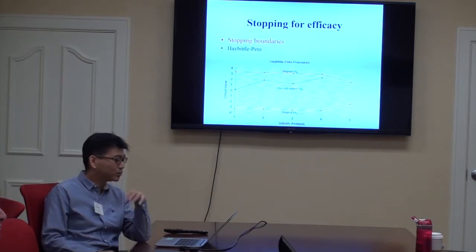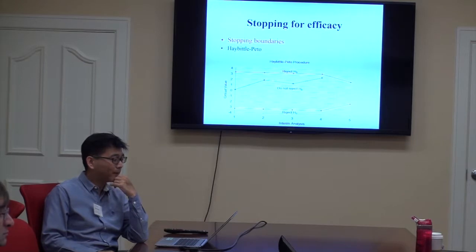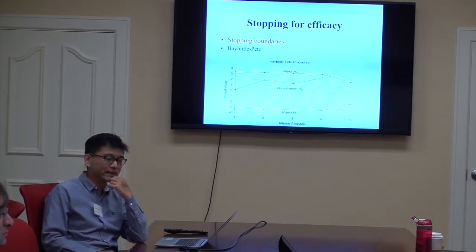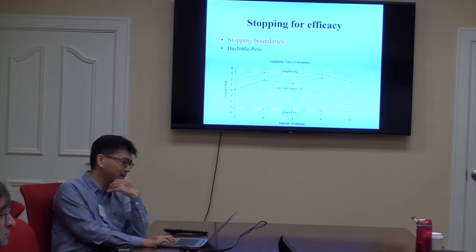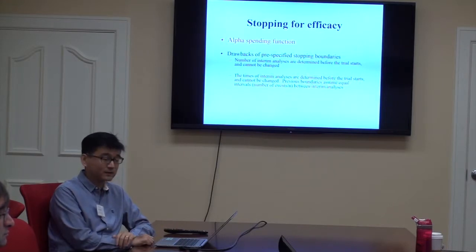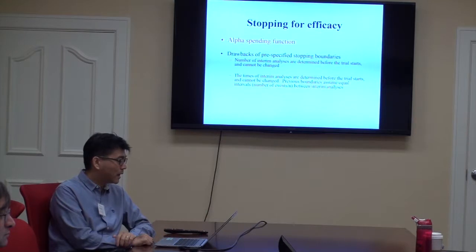But having a pre-specified boundary is good. This is what we like as statisticians. But what is not good is that it puts us in a box that we don't necessarily want to be in, and we do want to have some flexibility, and that's where the alpha spending function comes in.